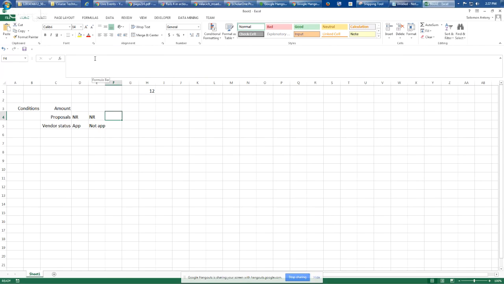So less than 3, then greater than or equal to 3, so that takes care of 6. 6 will be for amount less than 15,000. Just fill these columns. Then have the same set of values for amount more than 15,000.